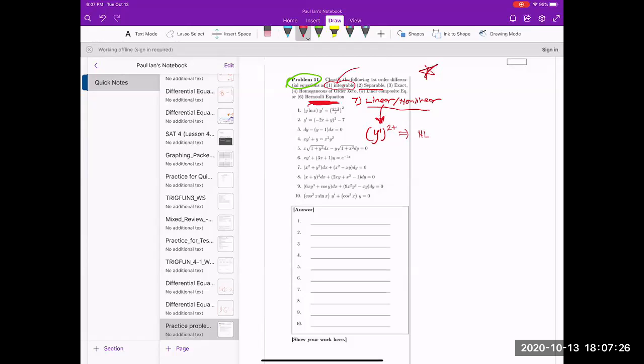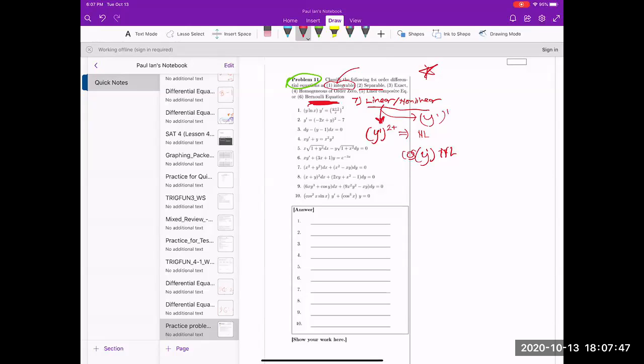Linear is when it's just one. Also if the dependent variable is inside a trig or any of those transcendental functions, then it's also nonlinear.